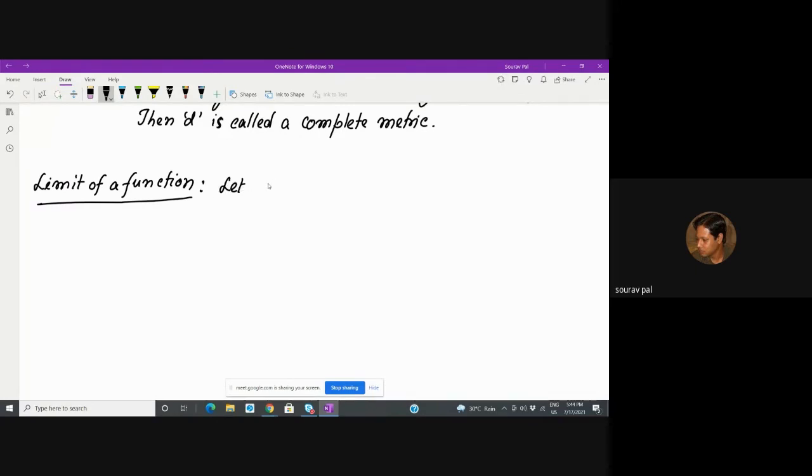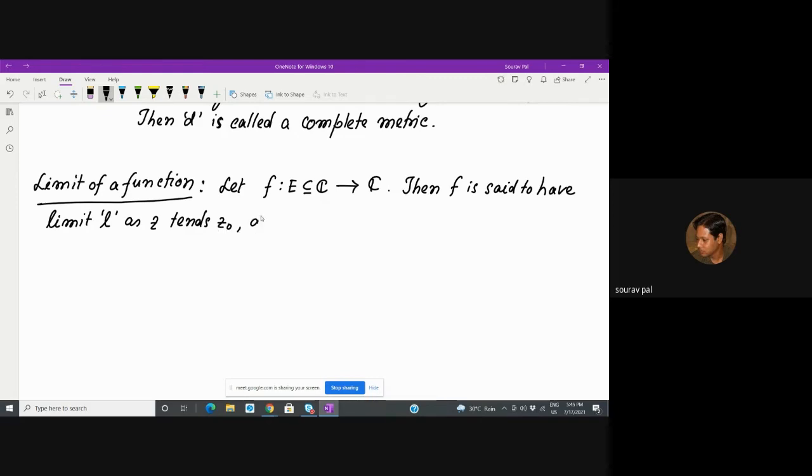Let f be a function defined on a subset E of the complex plane to C. Then f is said to have limit L as... how do we denote this?